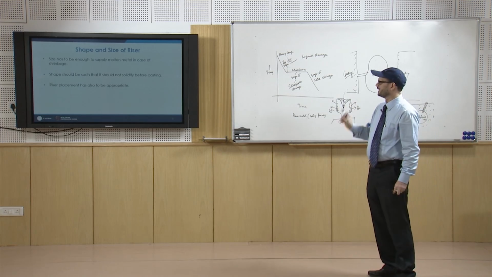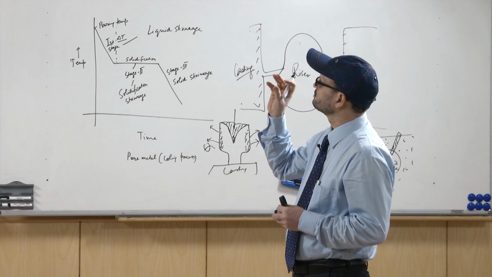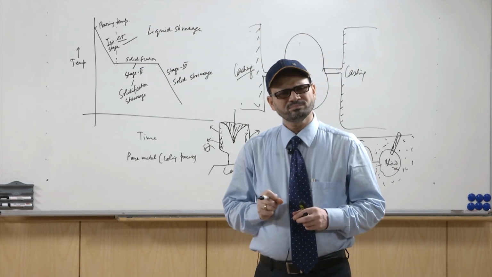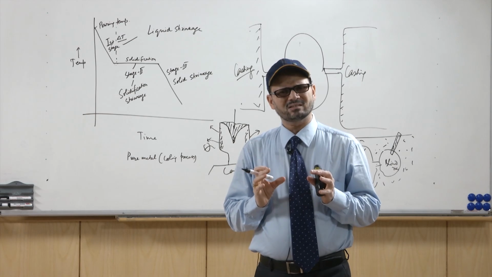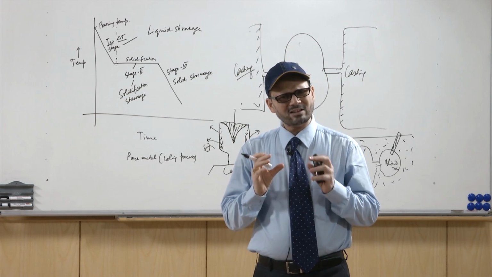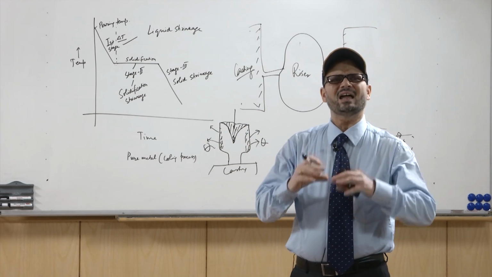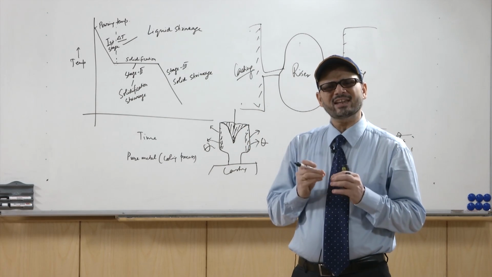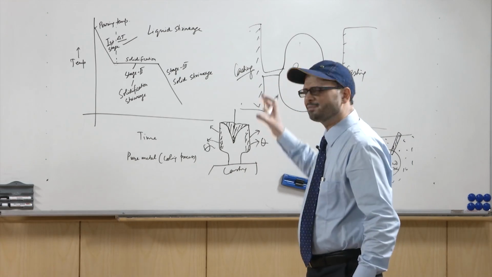Now, this is important because what should be the size of the riser? First of all, as we have understood, the size of the riser has to be such that it is able to feed the amount of shrinkage which occurs during solidification.